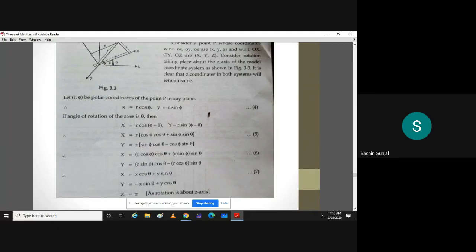So Y is equal to r into sin phi cos theta minus cos phi sin theta. Now multiply by r inside: X is equal to r cos phi cos theta plus r sin phi sin theta. Similarly, Y is equal to r sin phi cos theta minus r cos phi sin theta. Now what is r cos phi? Is small x, isn't it?